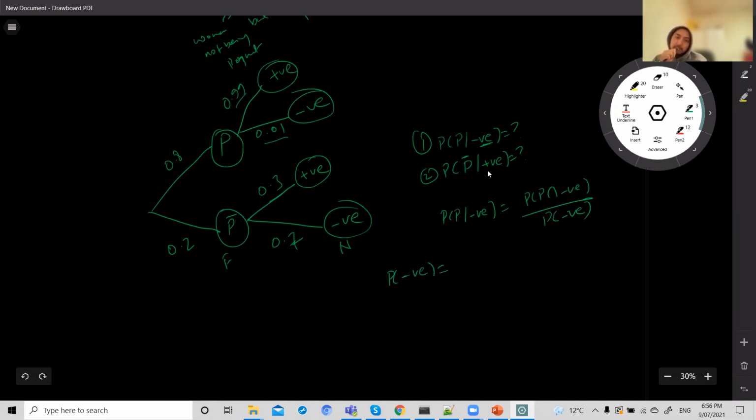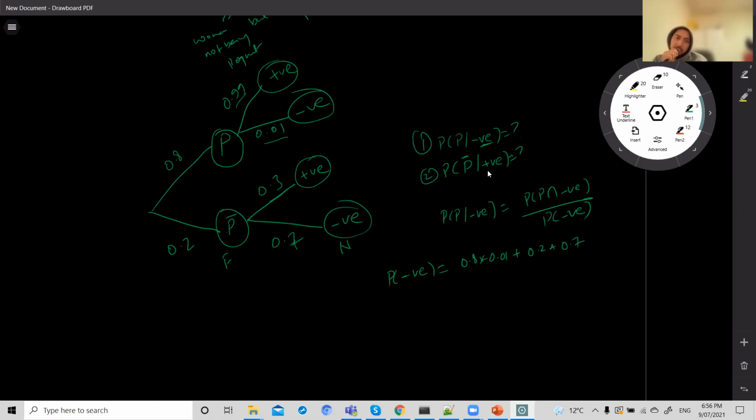So P of negative, we need to use the law of total probability, which is 0.8 times 0.01 plus 0.2 times 0.7, right?